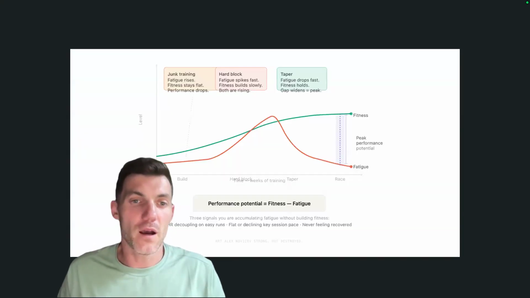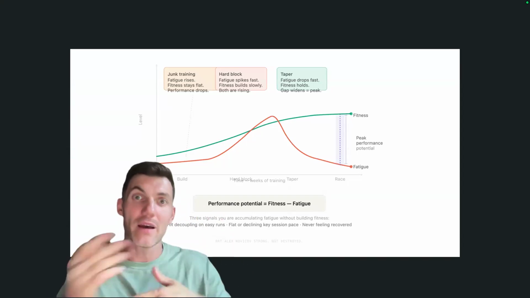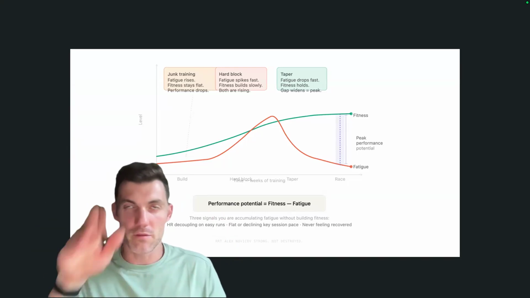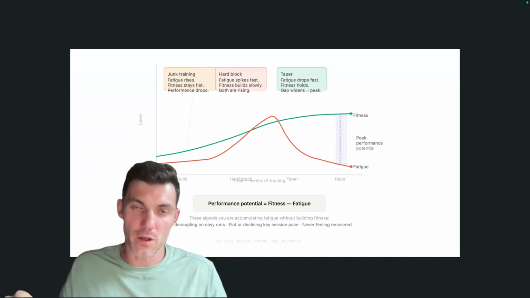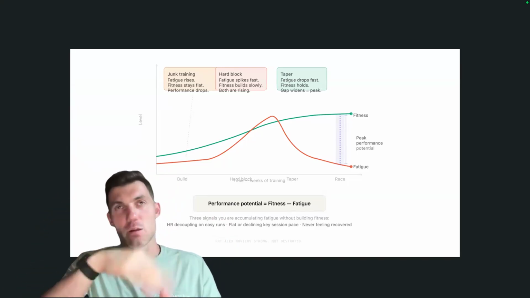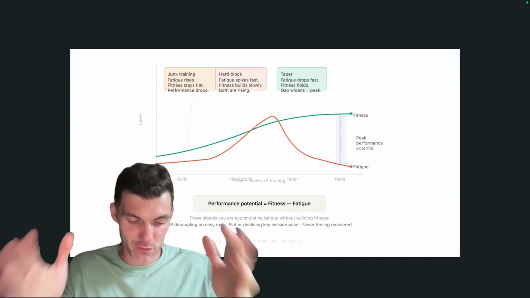This is a graph so you can see why we have a taper before a race. What I would suggest always, when you have your periodization, is 3 weeks of loading. By the way, I say 3 weeks loading, but it depends, because we have guys here that want to run a marathon.